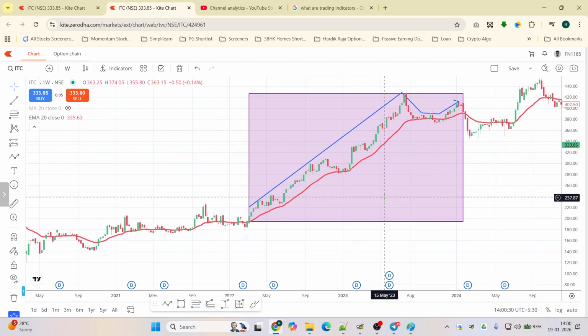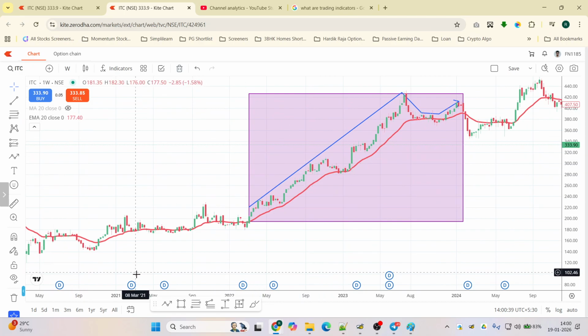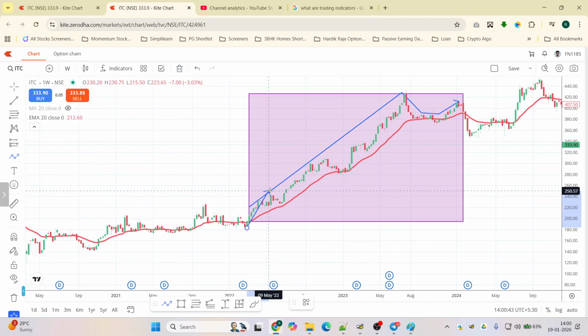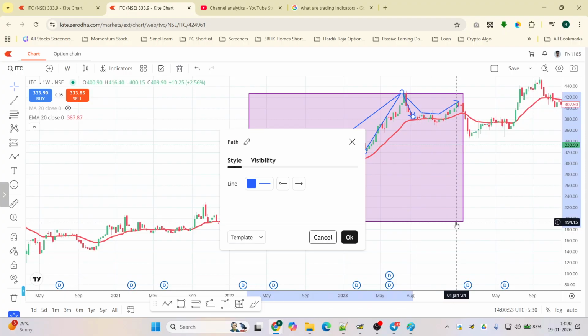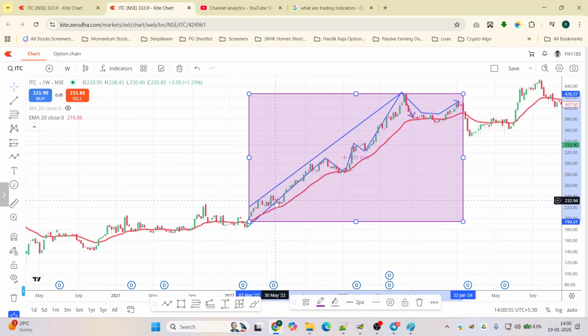For now, just understand that if the candles are above the exponential moving average, then the price is in an uptrend. How do I tell uptrend? If I start here, this is low, this is high, higher low, higher high, higher low, higher high, higher low, right? So this is how I tell that.